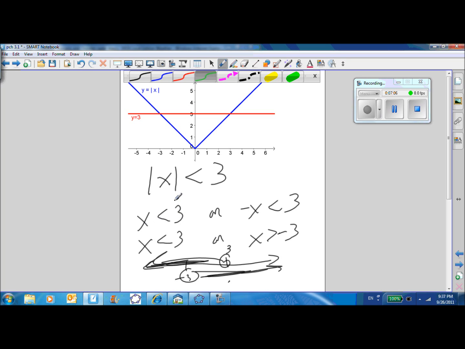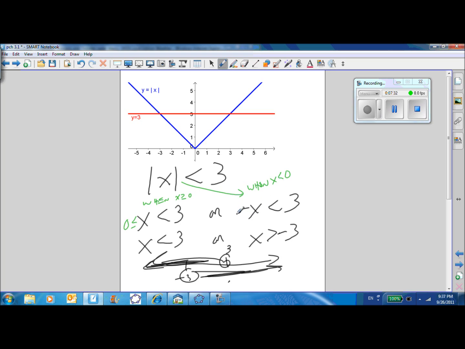x is less than 3 when x is greater than or equal to 0. That's the condition for ignoring the absolute value, assuming the thing inside is positive. And the absolute value of x equals the opposite of x when x is less than 0.